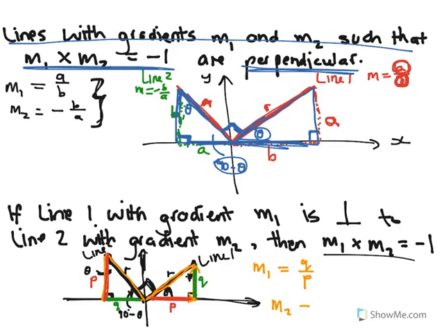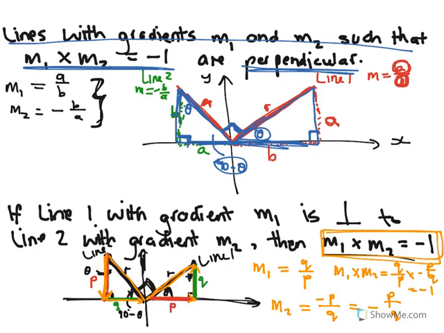And the gradient of line 2 will be: I'm rising negative P, and I'm running in the positive direction for Q units. So that would be negative P over Q. And if you times those two together, that'll be Q over P times negative P over Q, and that would just be -1. So we've shown that the gradients of those two lines multiplied together will be -1 indeed.